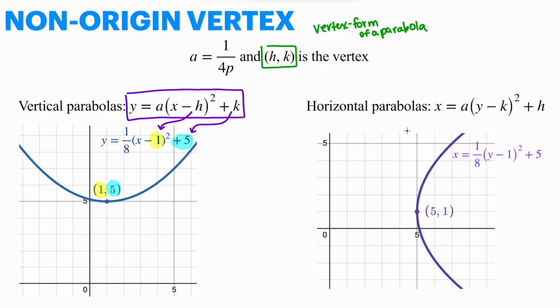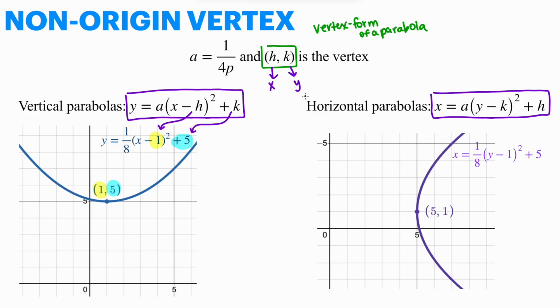If it is horizontal, meaning it's opening left or right, it becomes X equals, and if you notice, the K is with my Y, so where over here we had H inside the parentheses, it goes with my X because H represented the X value. H represents your X value.